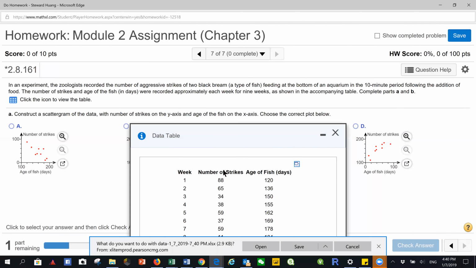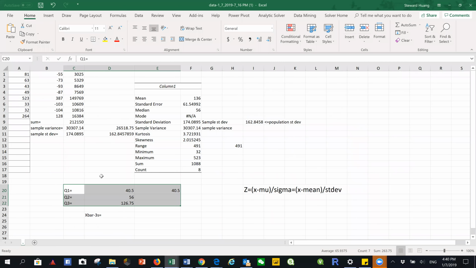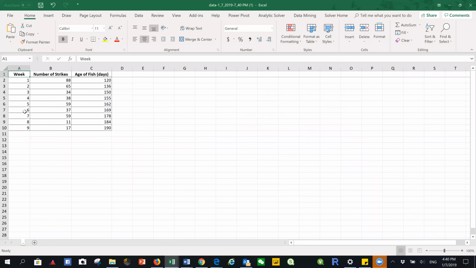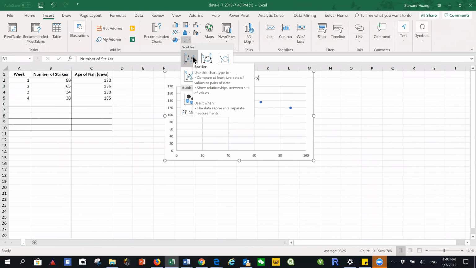So we may open this data set in Excel, and then I will delete this and work a little bit. Let's select the two columns here, then insert, and then choose the scatterplot.